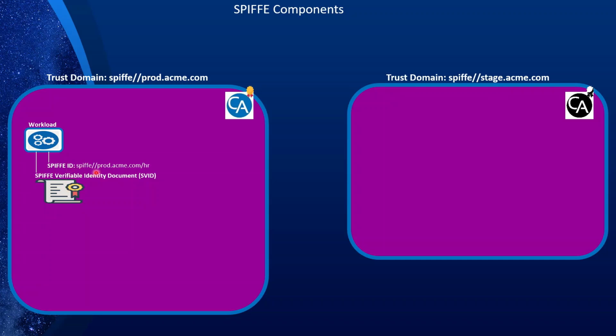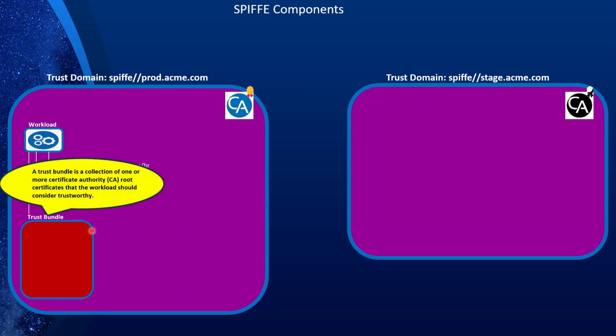And the alternate name on the certificate is the SPIFFE ID. And we mentioned the SVID is a document with which a workload proves its identity to a resource caller.